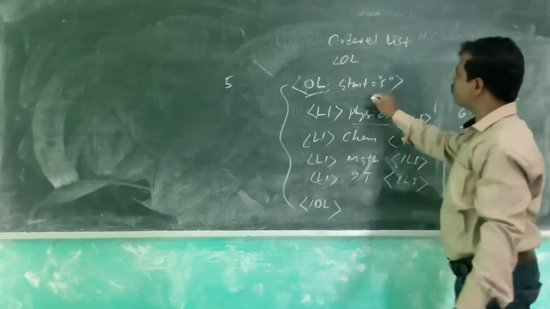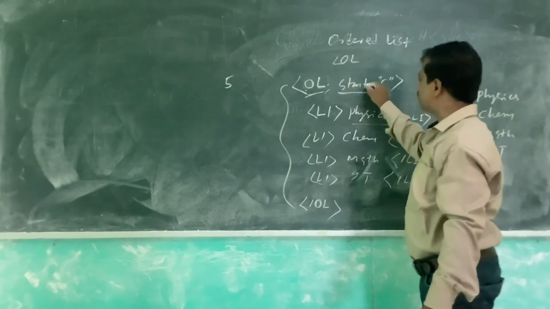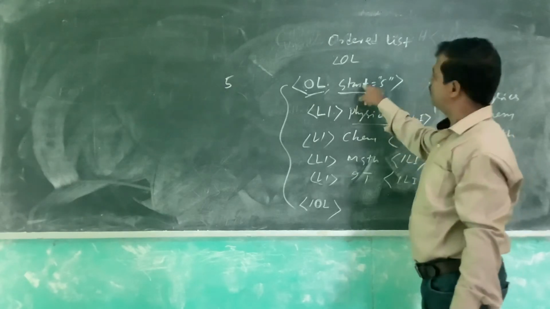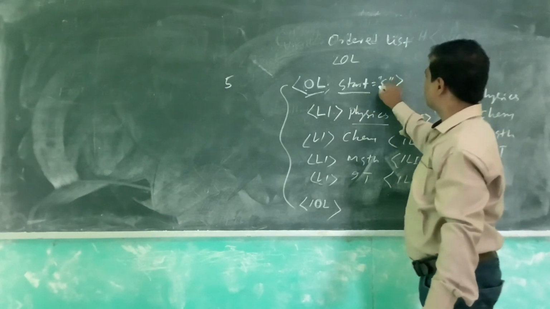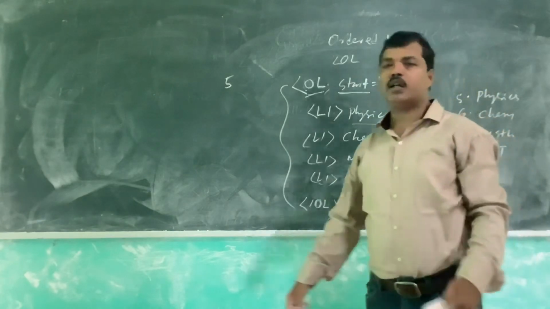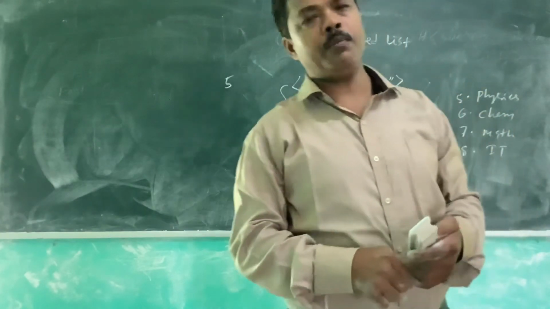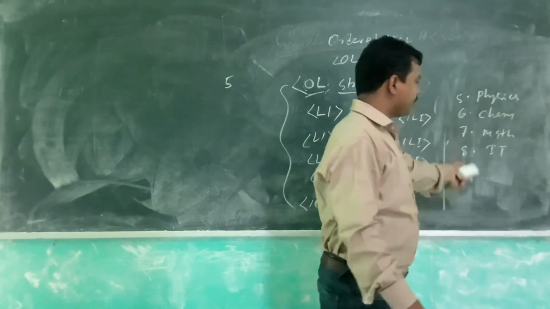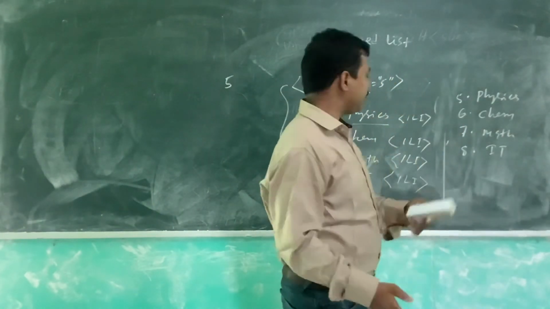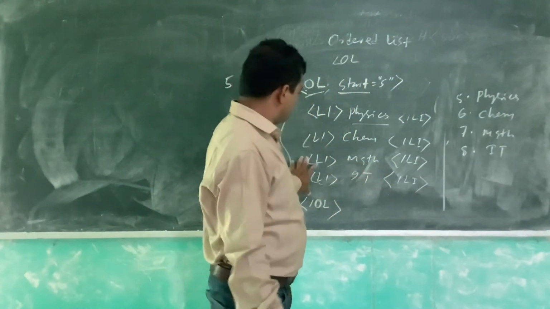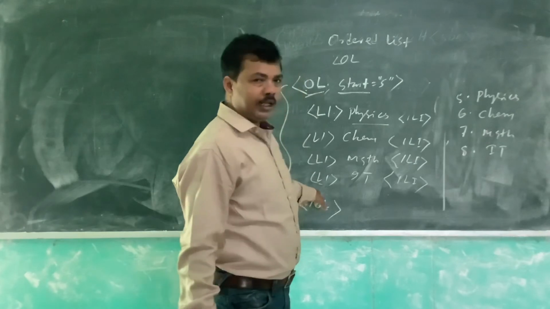So we have to use the start attribute and give it the value 5 because we want the listed items to start from 5. So the output will be 5, 6, 7, 8, 9, 10, automatically, if we add other items between OL and slash OL.